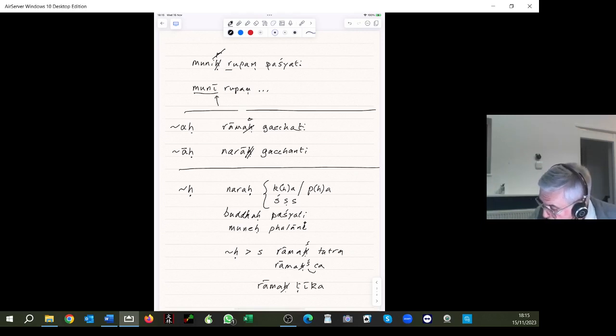The visarga is replaced by a sibilant, but a sibilant pronounced from the same point of articulation. The ta is retroflex, so the sibilant sh also becomes retroflex. So that would become Ramashtika. And you write it in Devanagari like that. Ramashtika.